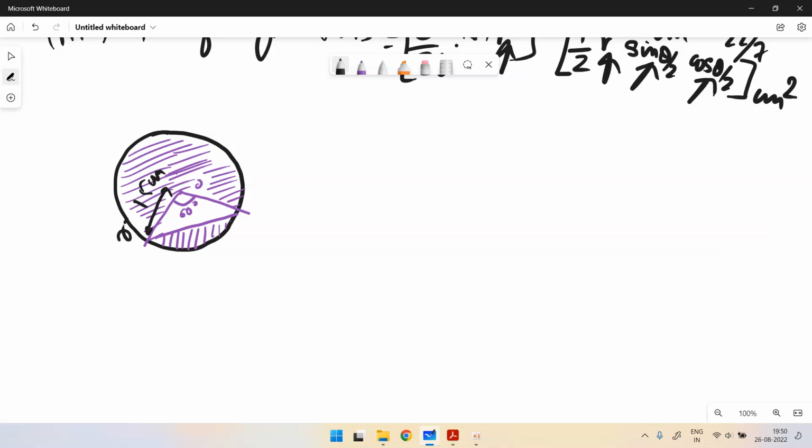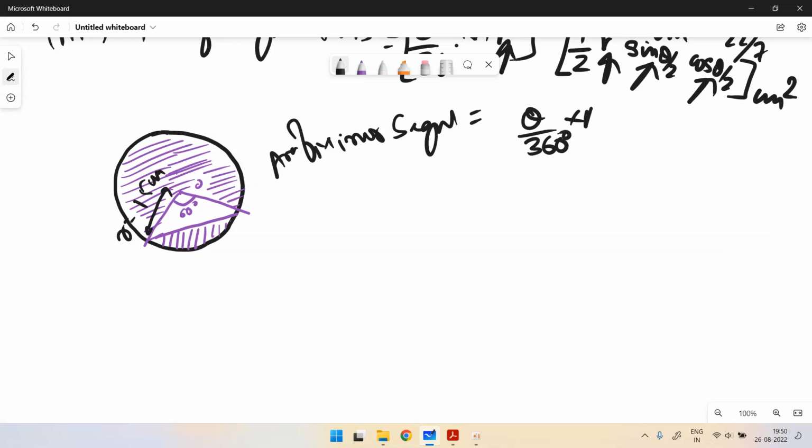So r is 15 centimeter, and the area of this minor segment is the area of the sector with 60 degree angle, theta by 360 degree into pi r square, minus the area of this triangle.